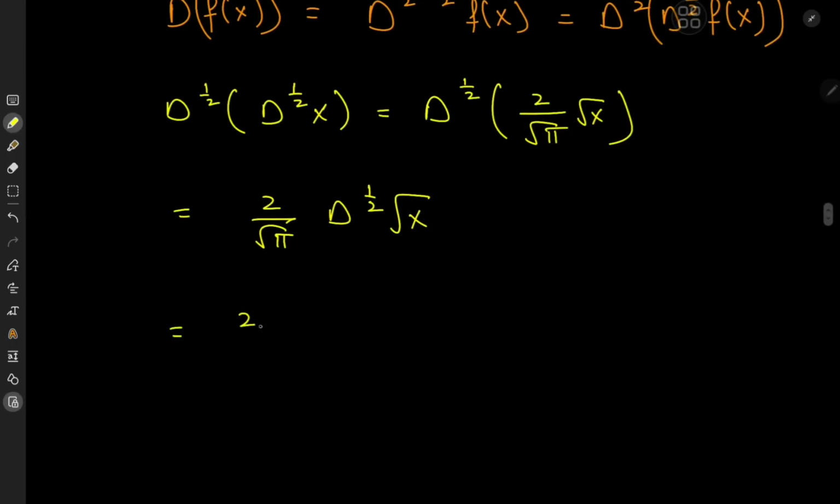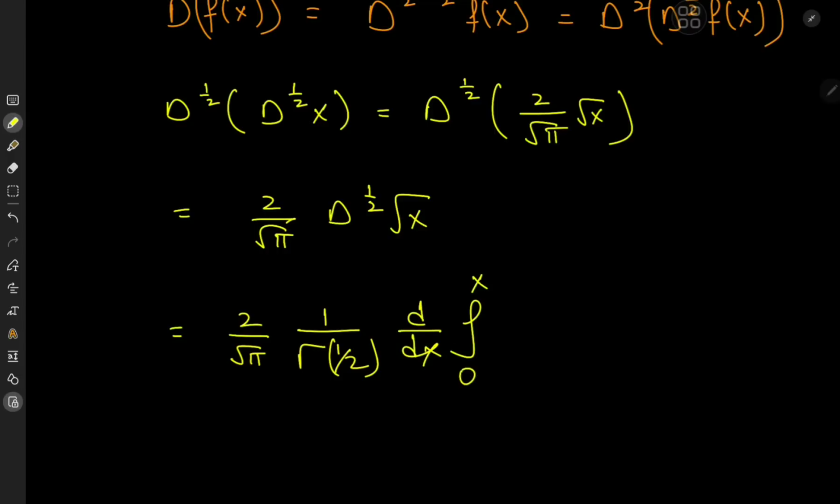So that means we have 2 by root pi times what exactly? We have 1 by gamma of 1 minus 1/2, again gamma 1/2, times the derivative with respect to x of the integral from 0 to x of f of t, so that would be root t dt divided by root of x minus t.